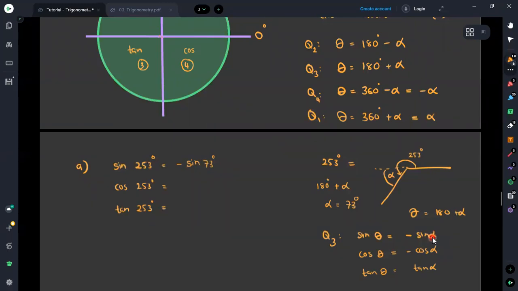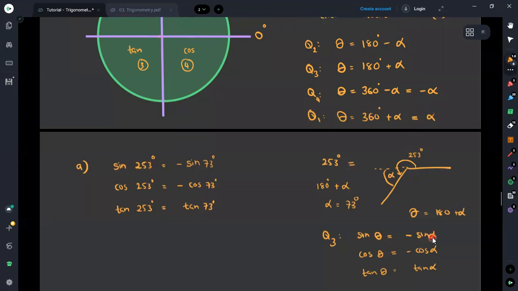In the similar manner, for cosine we take the associate acute angle, and we get cosine 73 degrees, and here we also get minus. Then tangent 253 will be equal to tan 73, since tangent has a positive value in the third quadrant.